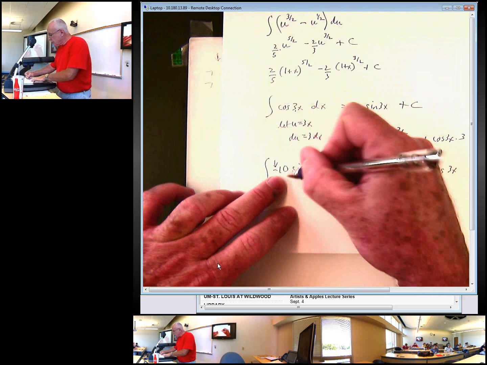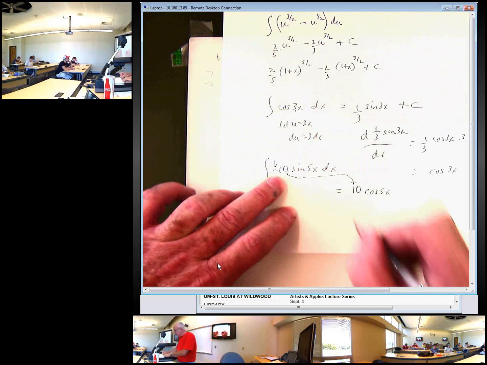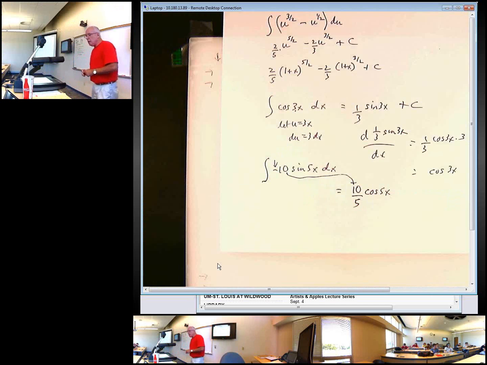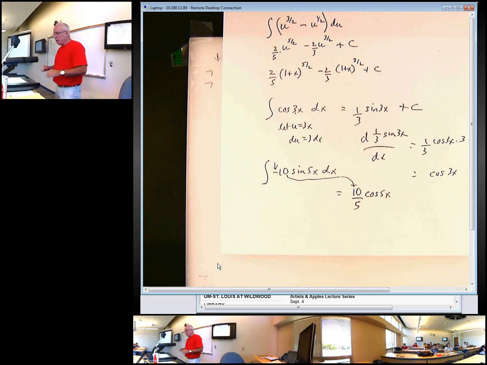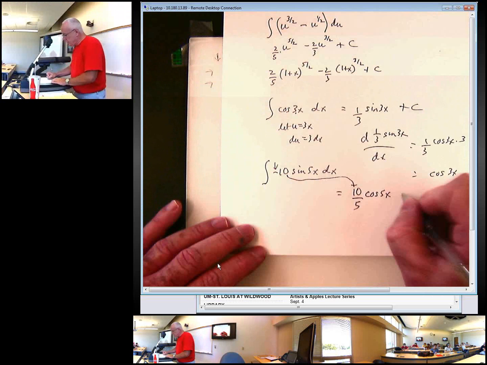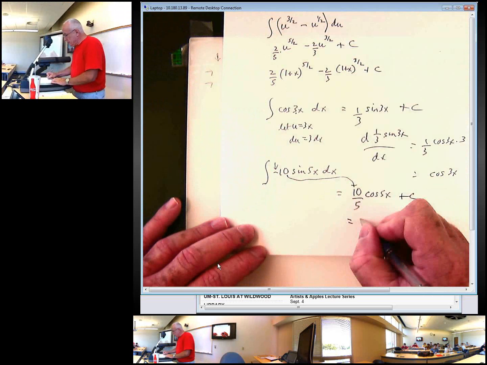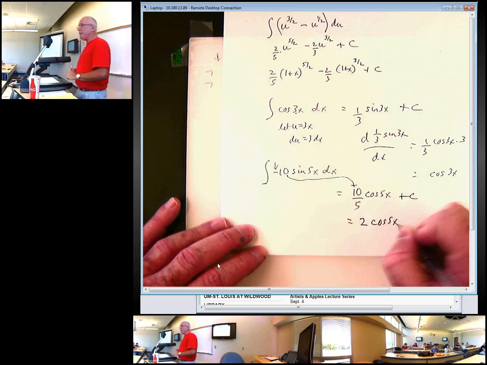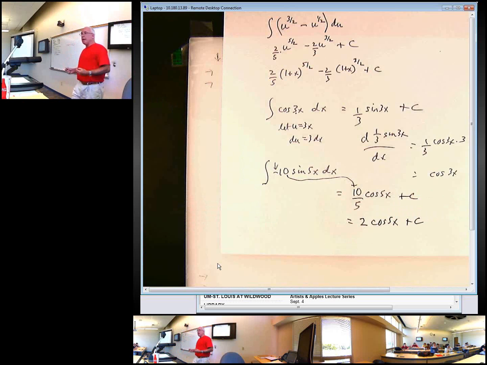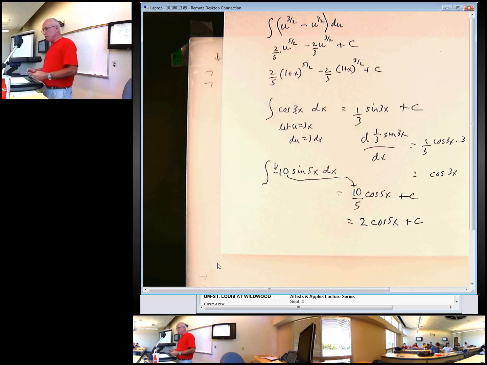So I just take my 10, and I know I have to divide by the 5, that is by the 5x, to get my antiderivative. So 10 over 5 is 2. 2 times the cosine of 5x plus c is my antiderivative, without doing all that writing down of the u substitution.